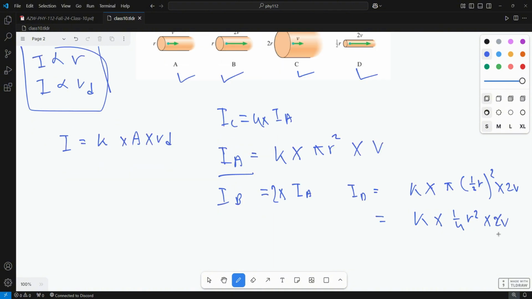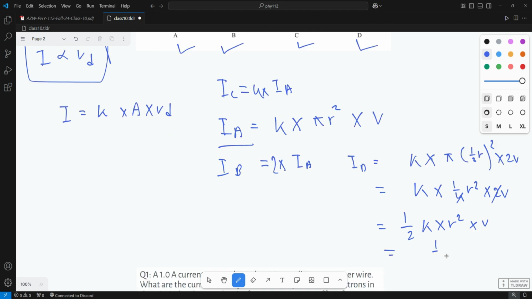If we cancel this out, we'll get half K times R squared times V, which is equivalent of half IA. I forgot the pi, which is half of IA.